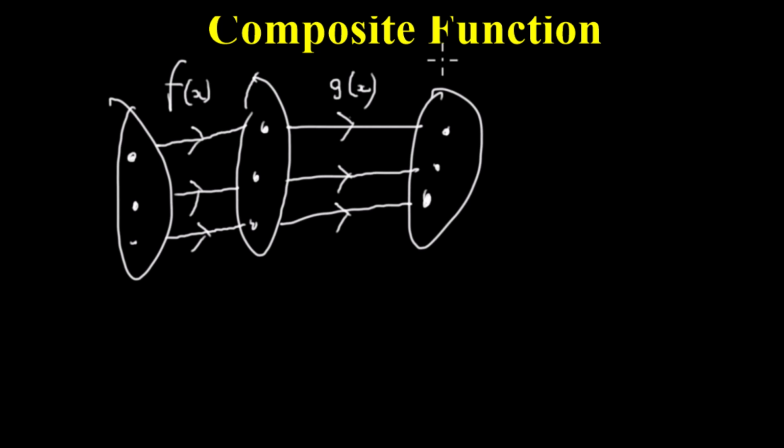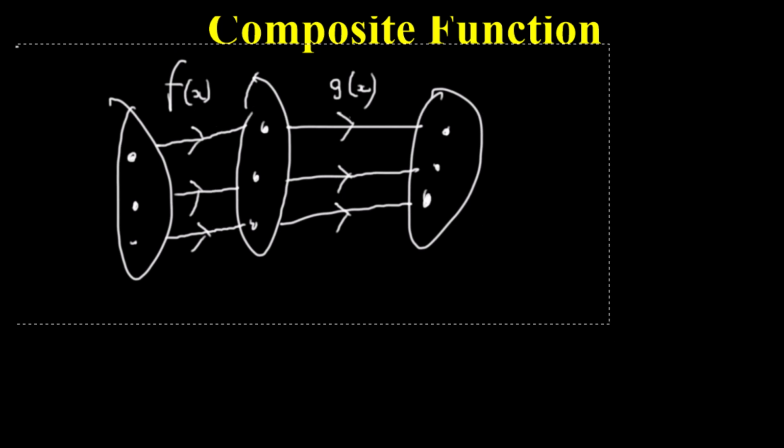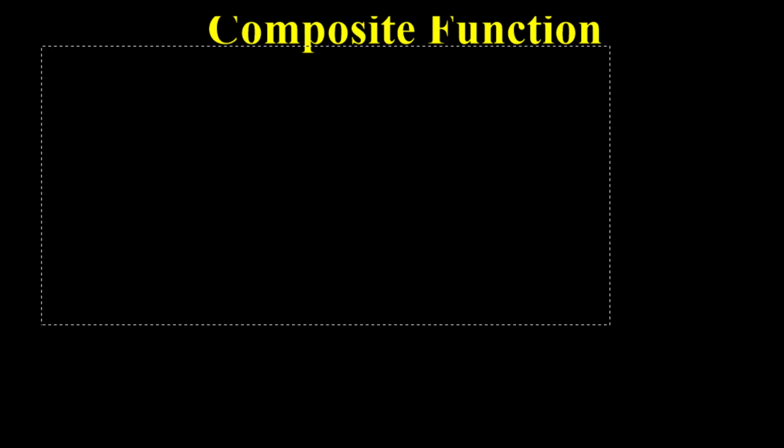So this is another way for us to represent our composite mapping. For this to make sense, we have to take some examples. So let's look at our first example, and then we'll see what we can ascertain from it. Let's say we're given f of x equal to x plus 1, and g of x is equal to x plus 1 all squared.